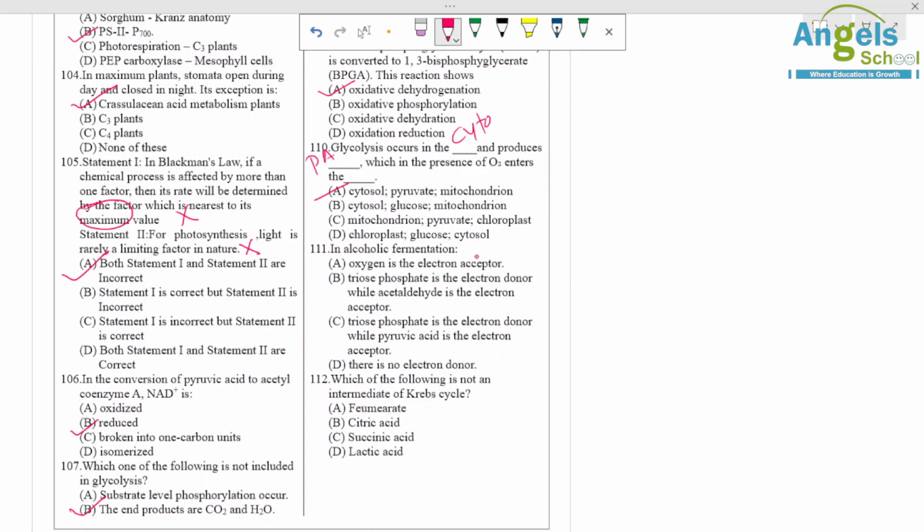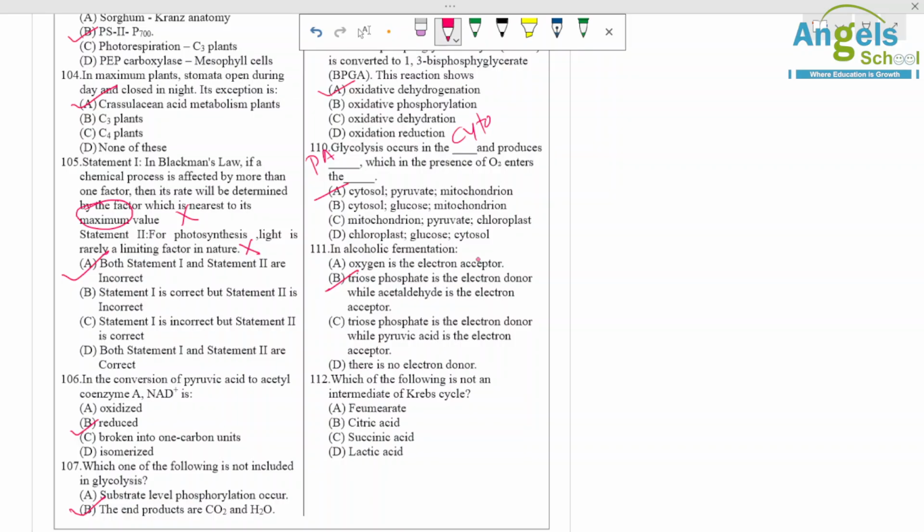Triose phosphate is electron donor, while pyruvic acid is electron acceptor, and there is no electron donor. So in alcoholic fermentation, option B is correct. Triose phosphate is electron donor and acetaldehyde is electron acceptor. Acetaldehyde is formed in alcoholic fermentation.